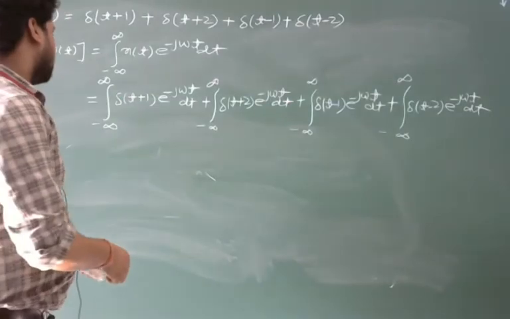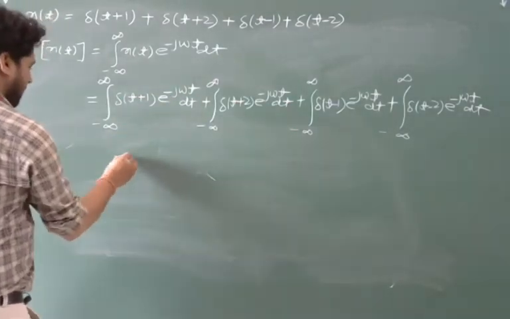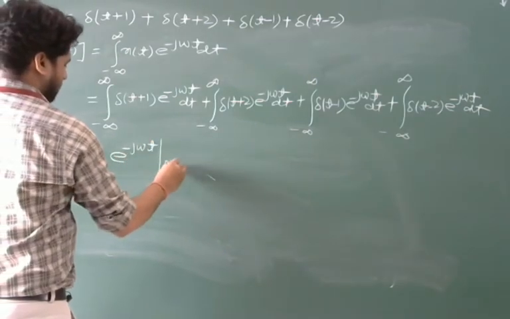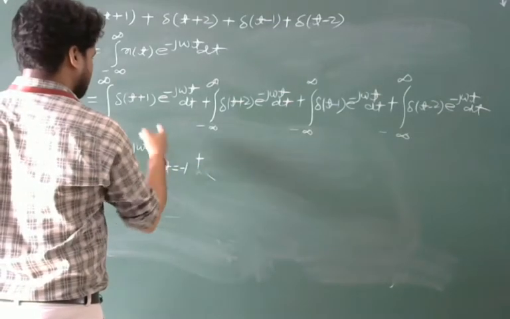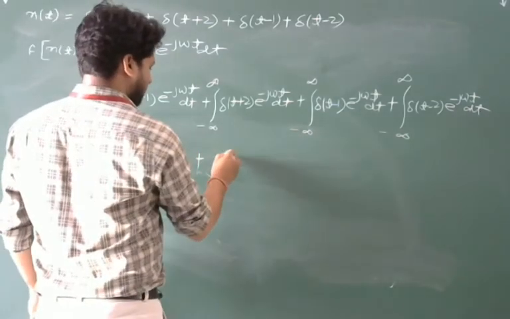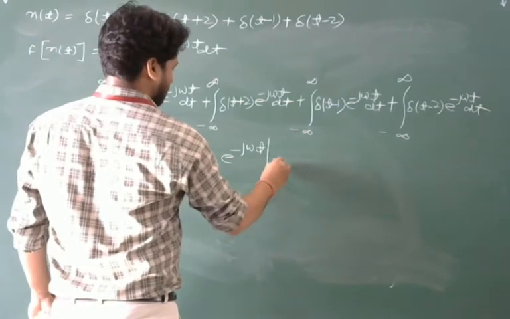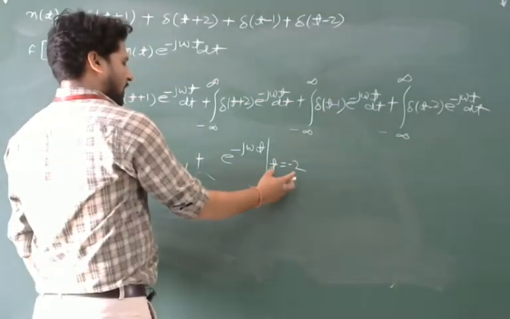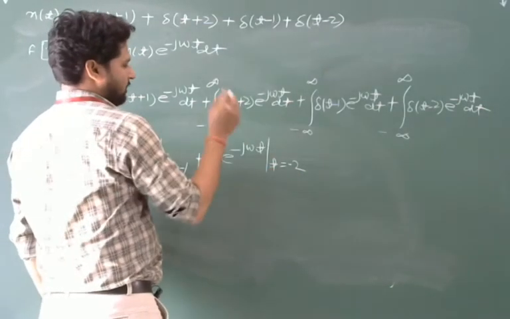So this integration will give e^(−jωt) at t equal to minus 1, and it will become 0 for all other values. This will give e^(−jωt) at t equal to minus 2 only; for all other values of t except minus 2, this will become 0.